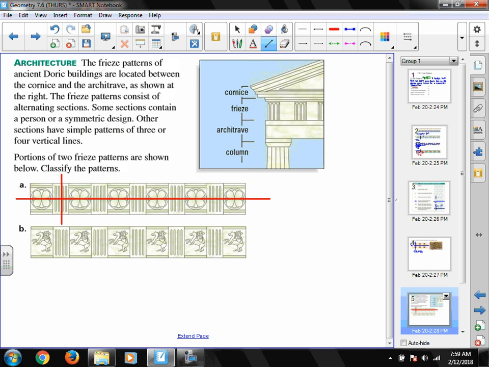So we're going to end up with a translation, of course, my rotation, my horizontal reflection, my vertical reflection, and my glide reflection. When you've got the same four quadrants here, that makes it a little easier.